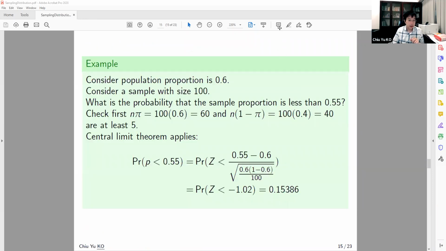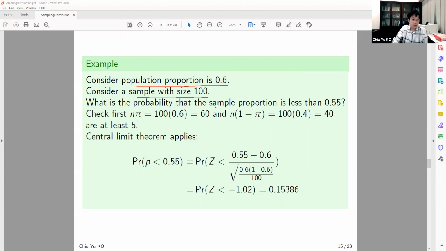The next one, I think you should jump one more slide because I swapped the order. The same idea here: we have the sample proportion of 0.6 and a sample size of 100.